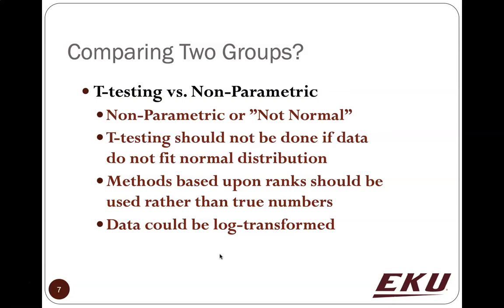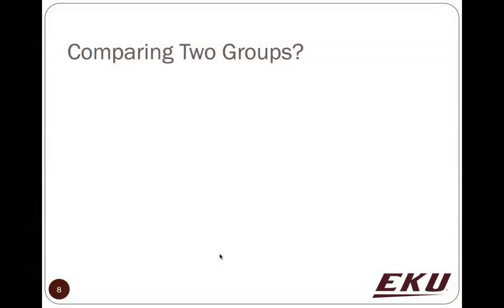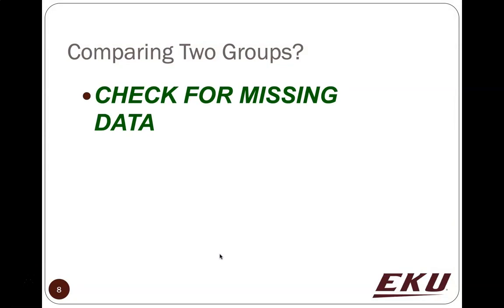So there are ways of assessing whether or not our variables are acting normal. But before you do that, one big problem with Microsoft Excel, based off of that categorical grouping that we did in the previous assignment, was we may not have checked for missing data. So we're going to want to check for missing data, because when you do the sort in the groups 1 and 0, you might have an issue.